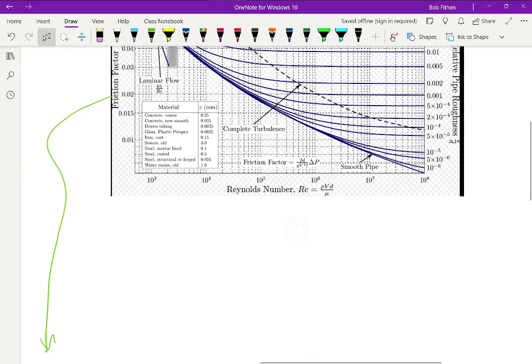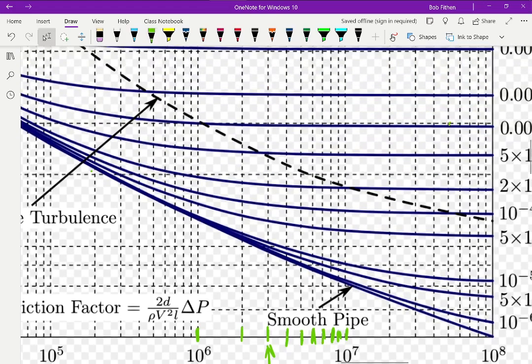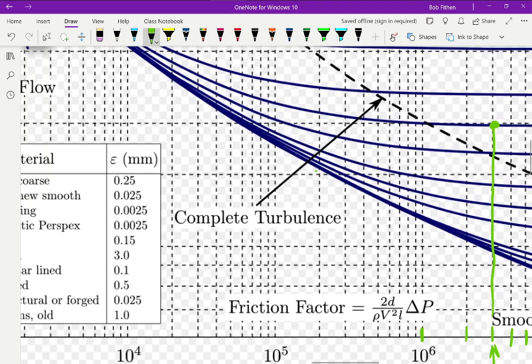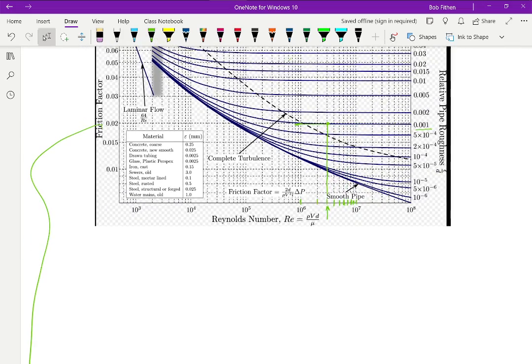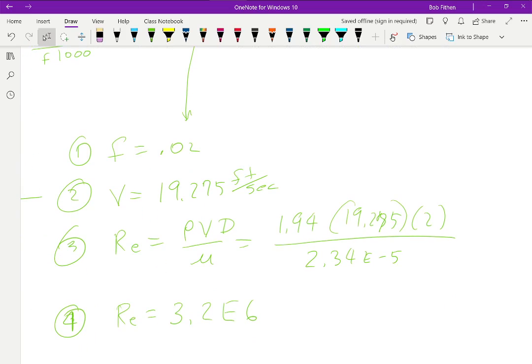Now, here's 1 e to the 6, 2, 3, 4. So here's our target, 5, 6, 7, 8, 9, and 10. So what I'm supposed to do is draw it up, hit the line that is my E over D, and then immediately run to the left. So for this particular case, it turns out that it is the answer. We're done. There's your answer.